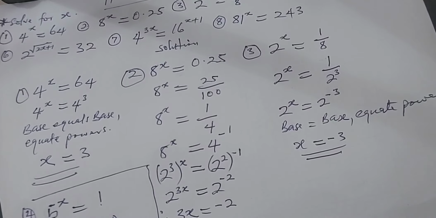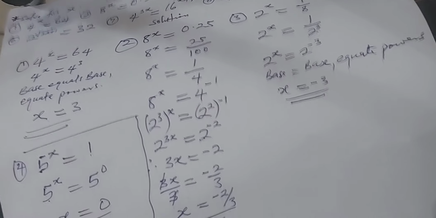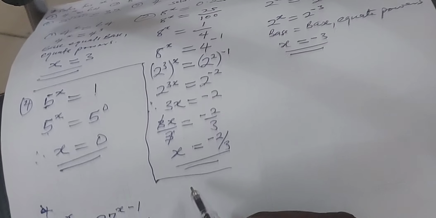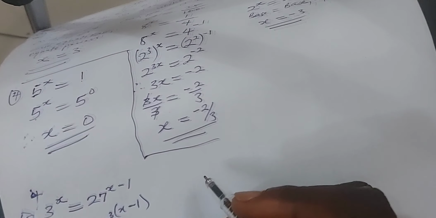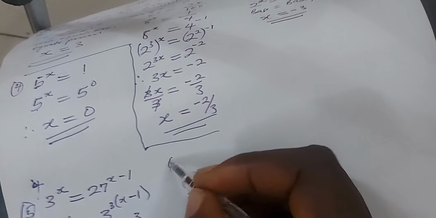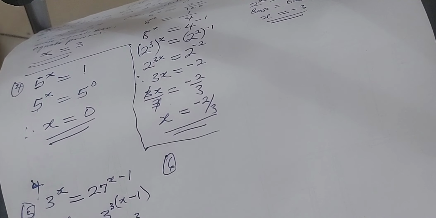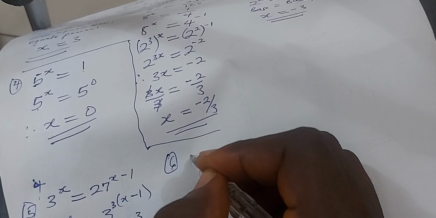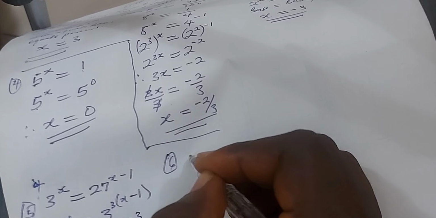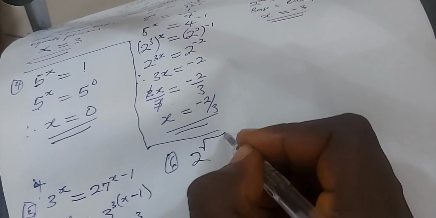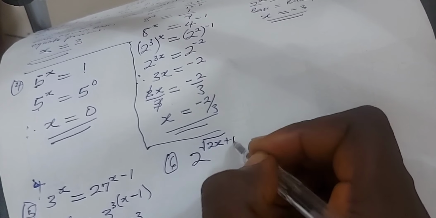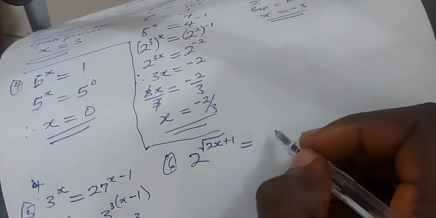And also, let's take on number 6. Number 6 is 2 raised to the power of square root of 2x plus 1 equals 32.